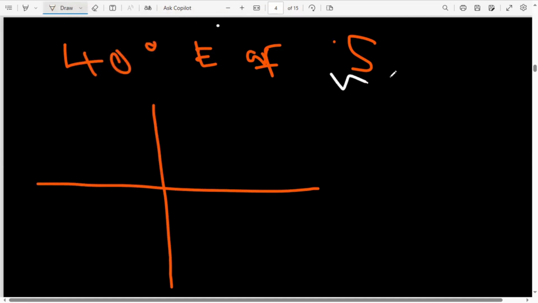East of south means the south is the reference point. So we go south, and then 40 degrees east. The east is this side, so I'm moving like that, but by 40 degrees. This is the vector there, the 150 newtons.